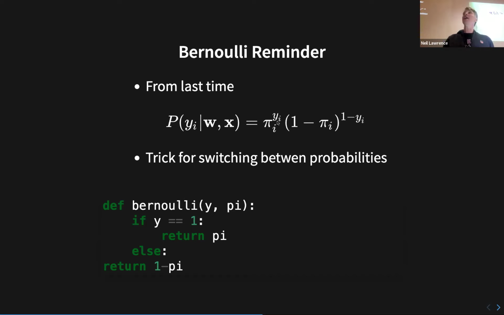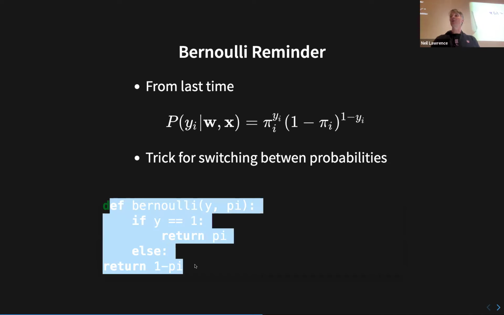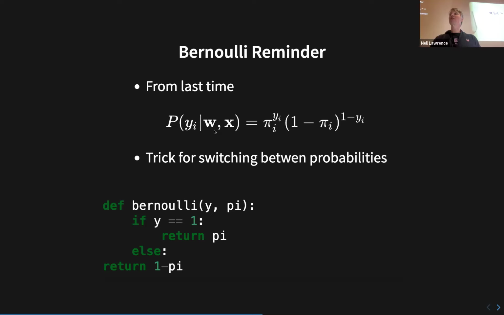So bear in mind the targets here are always 1 or 0. So all this distribution does is if y is 1, it switches pi I on to be the answer. And if y is 0, it switches 1 minus pi I to be the answer. So it's kind of this in code, right? But that's how you write this thing. It's just a mathematical switch, right?